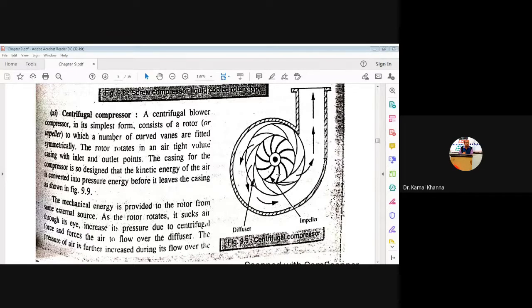As soon as the rotor rotates, it sucks the air from the atmosphere and hence increases the pressure of the atmospheric air, due to the centrifugal force and the force of the air to flow over the diffuser. So this is the diffuser, which has the guide vanes, and this is the impeller or the rotor, which has some vanes.